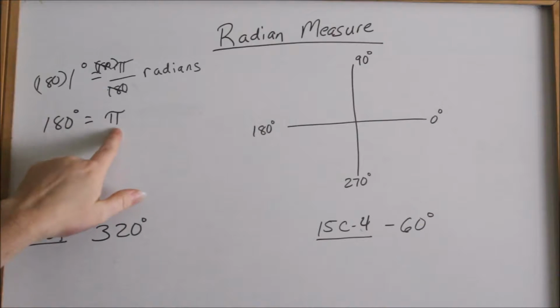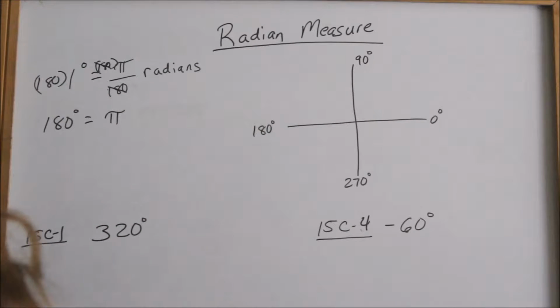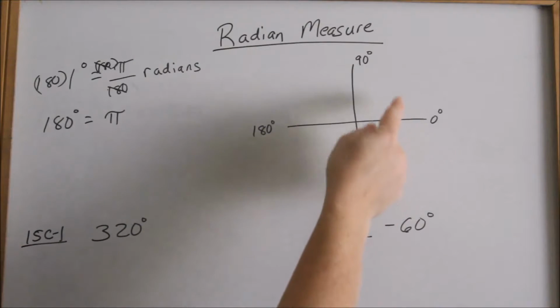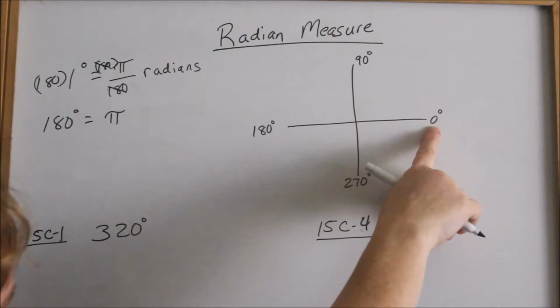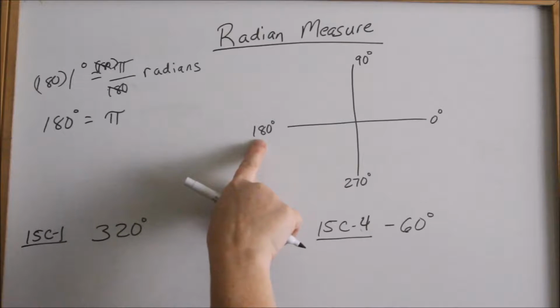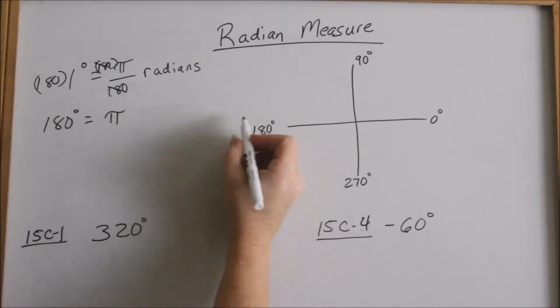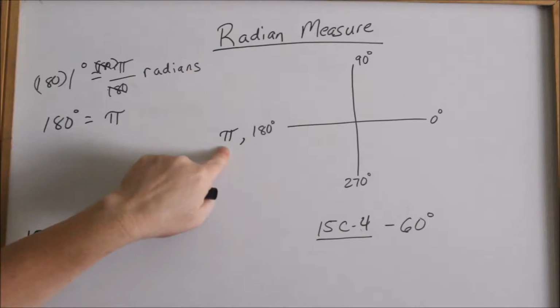So 180 degrees equals pi. If you come over to your quadrants, remember we measure our angles going in a counterclockwise direction: 0 starts here, then 90, 180, 270. This 180 degrees is the same thing as pi radians.